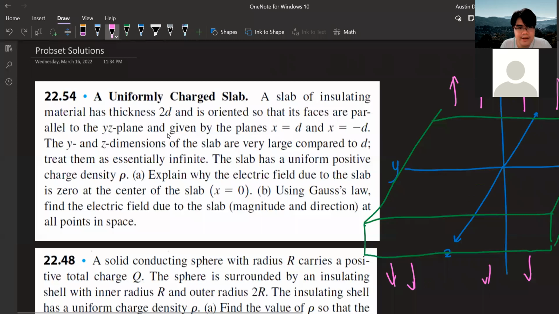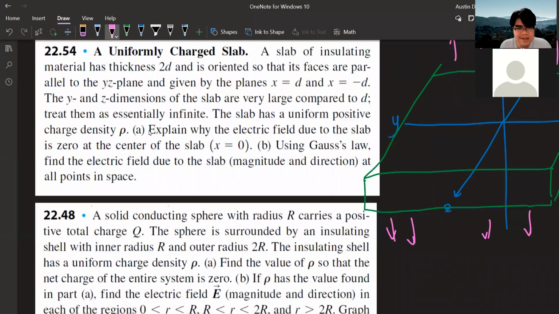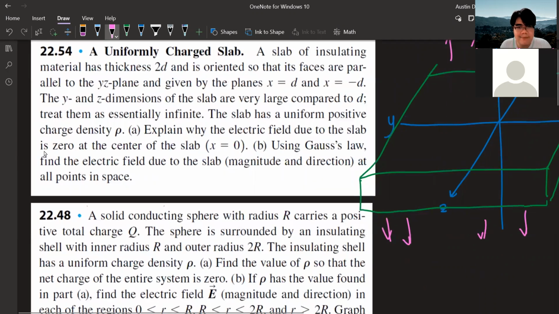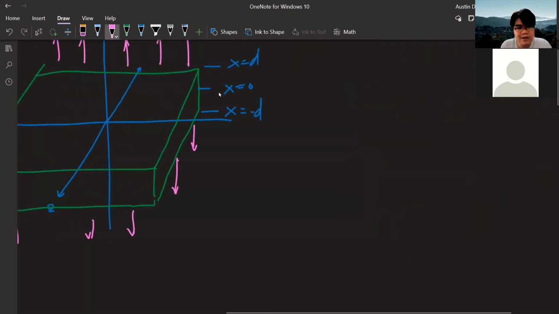Okay. So next, the first question is to explain why the electric field due to the slab is zero at the center of the slab. So bakit daw yung electric field in the middle is zero? So let's break down this slab into two. Break down natin siya dun sa x0 line.